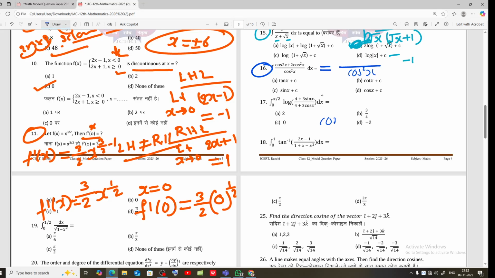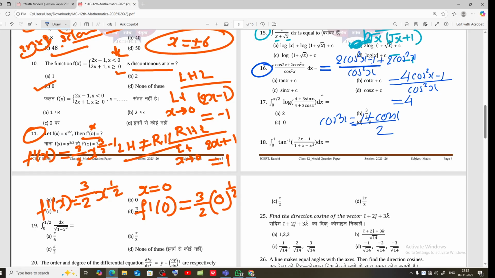Cos square x is 1 plus cos 2x divided by 2. That means you write 2 cos square x minus 1 plus 2 cos square x. This equals 4 cos square x minus 1, whole divided by cos square x.